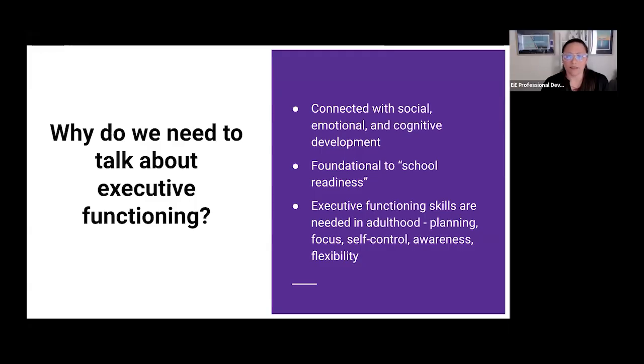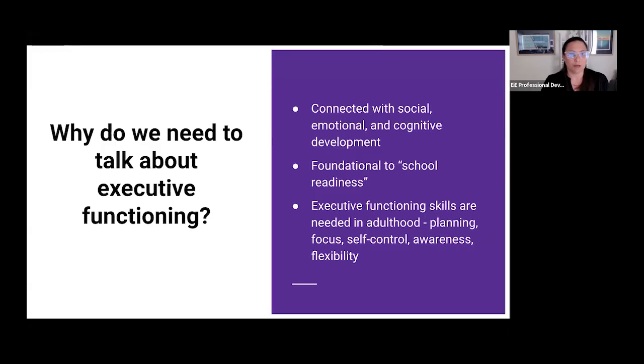Yeah. And I think the other thing we want to think about is that these executive functioning skills, though they're not a prerequisite for school readiness, they are foundational to that. Students who have greater executive functioning skills are outperforming their peers on academic and social measures. And we know that it can support early literacy and numeracy.